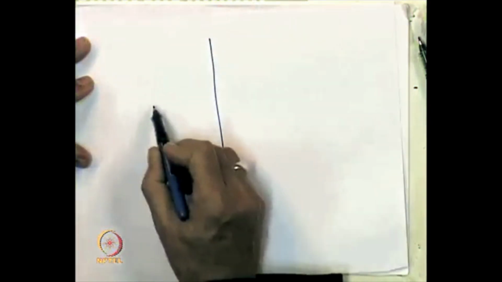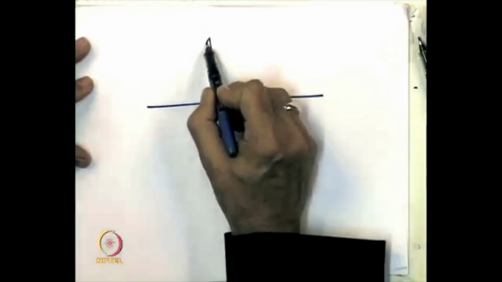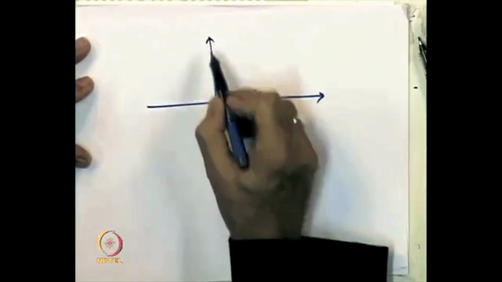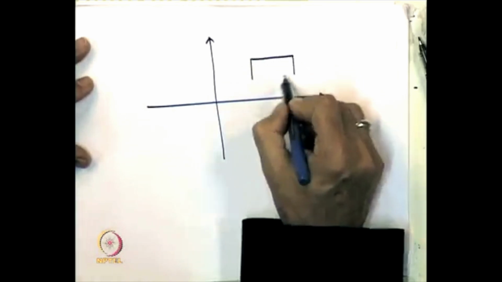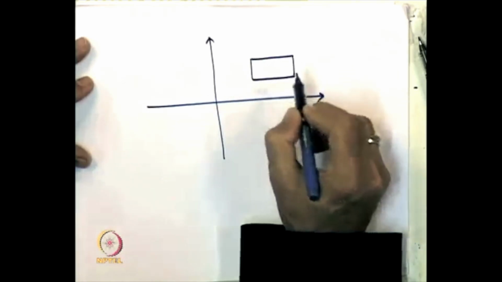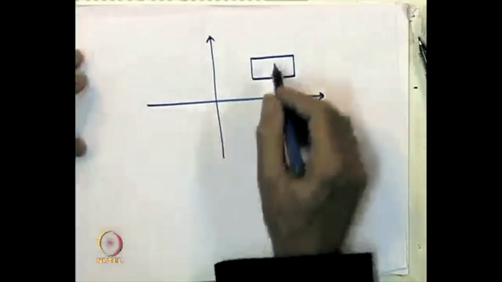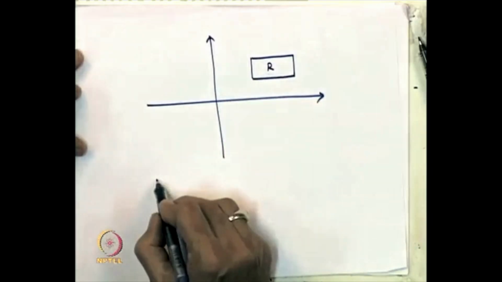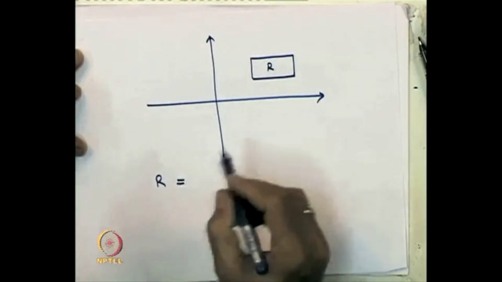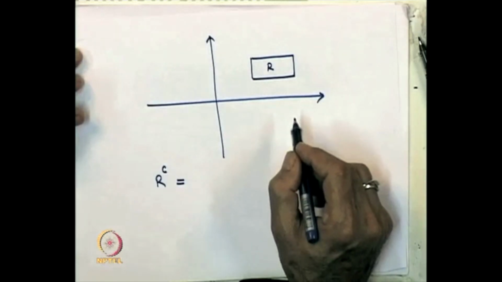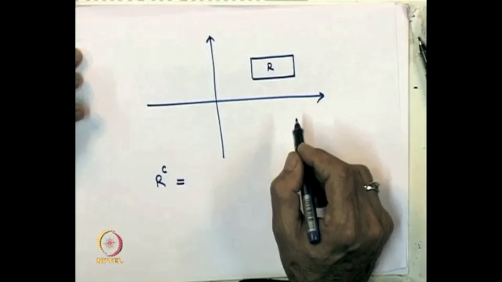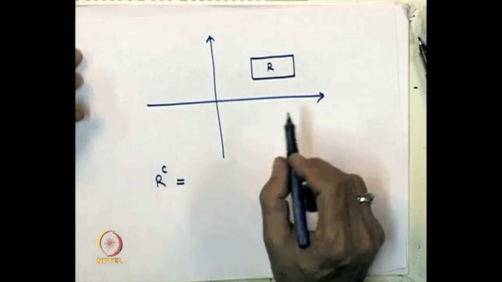So let us take a rectangle in the plane, this one. So this is a rectangle R, and I want to see what R complement looks like. Can I represent this as a finite disjoint union of rectangles again?